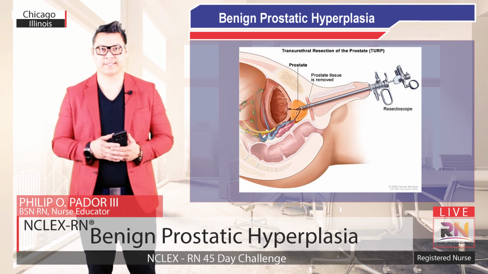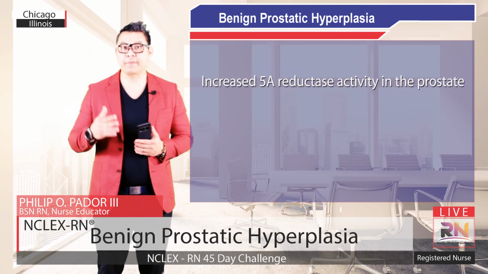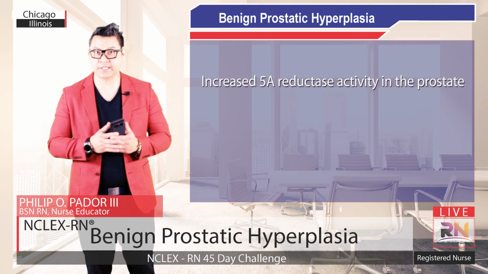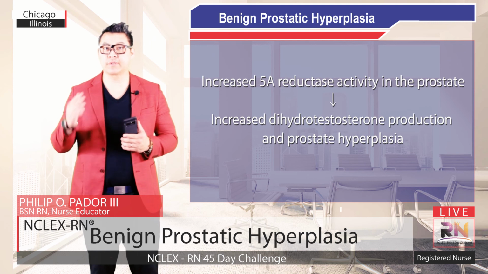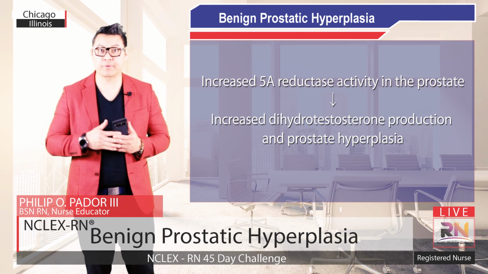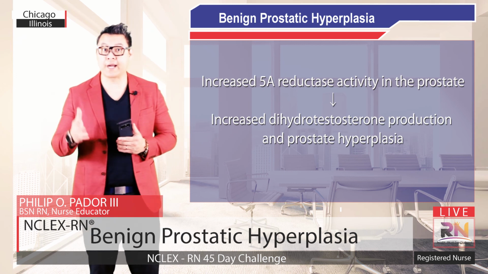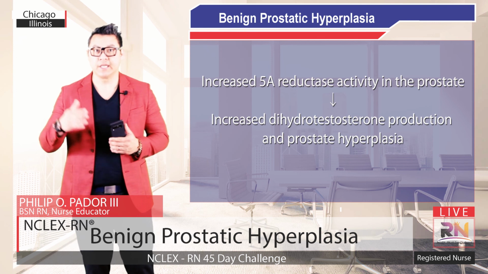Alright, as a quick recap, benign prostatic hyperplasia, or BPH, is a condition caused by increased 5-alpha reductase activity in the prostate, which leads to increased dihydrotestosterone production in the prostate and hyperplasia. This is considered to be a normal part of aging and doesn't increase the risk of developing prostate cancer.